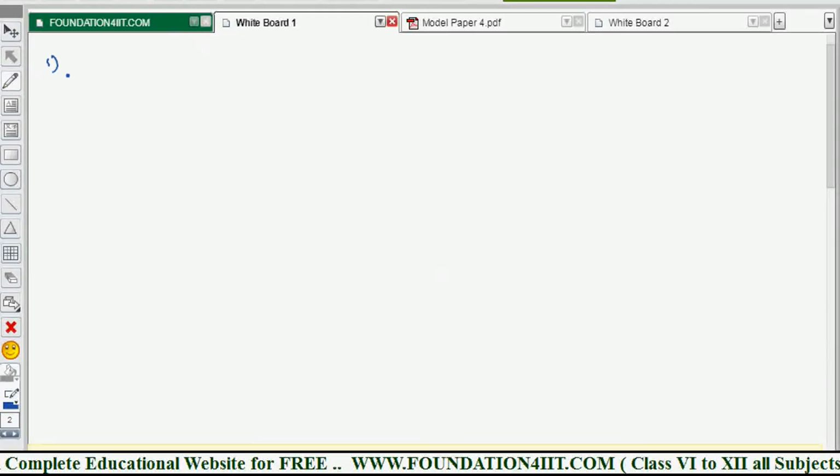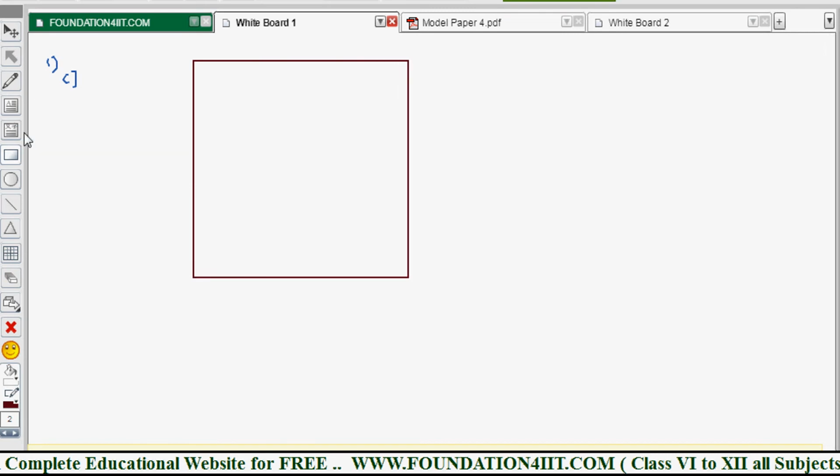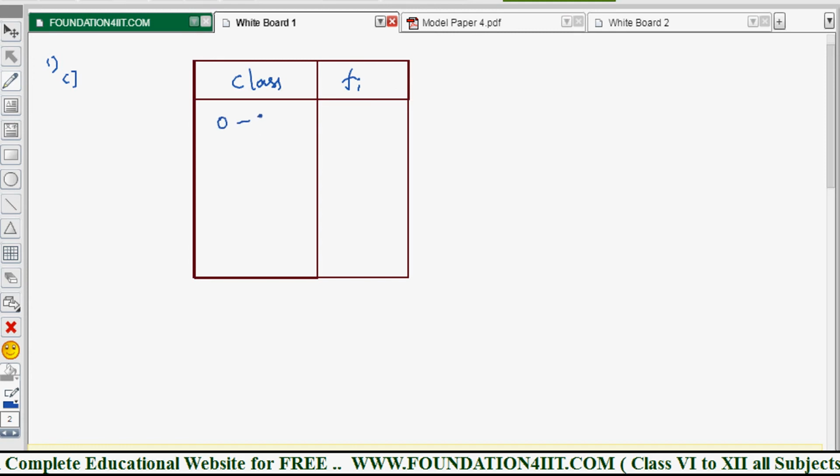So take the given table. Class and frequency is given. According to the given question, the classes are 0 to 20, 20 to 40, 40 to 60, and 60 to 80.